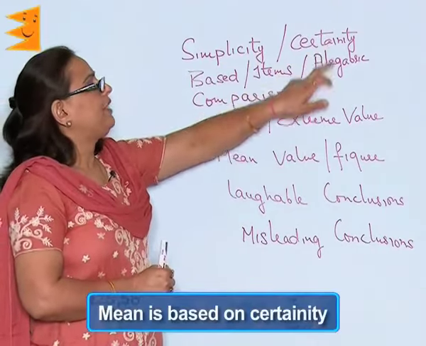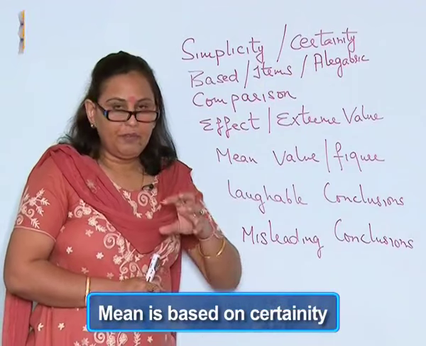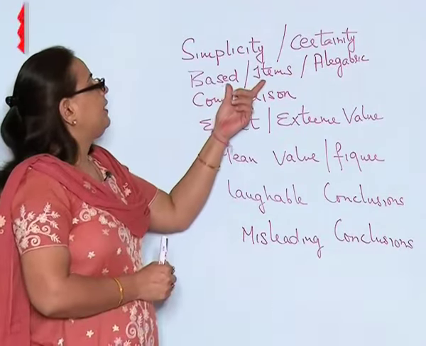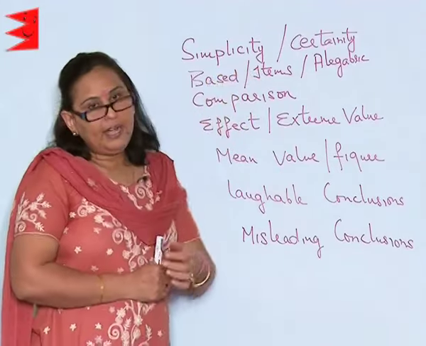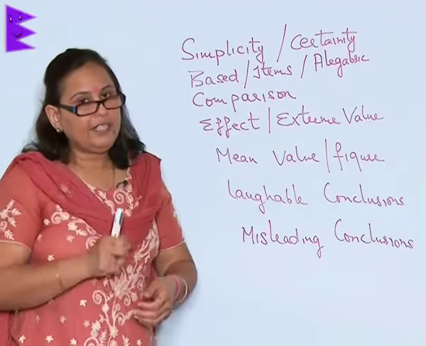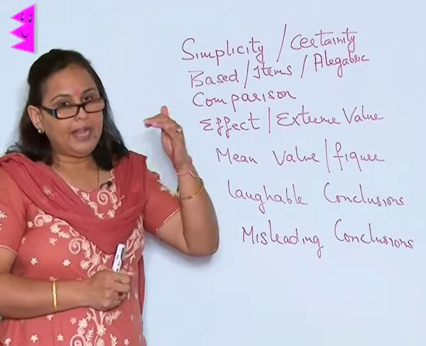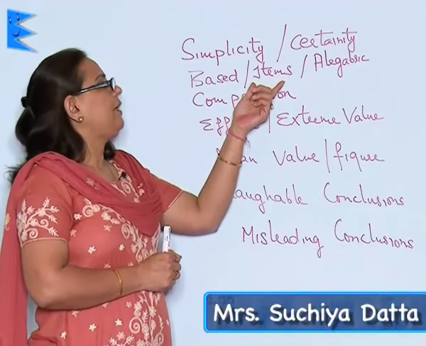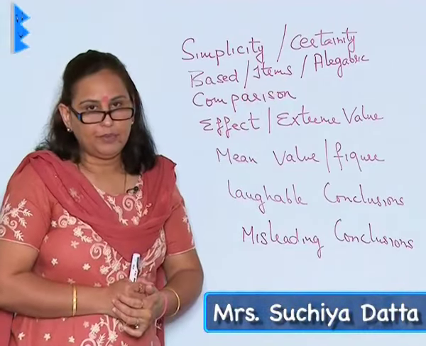Second is, it is based on certainty, because whatever we derive is for sure right. The third is that the mean, or the central value, the tendency which we have found through the mean, gives us the information based on all the items.